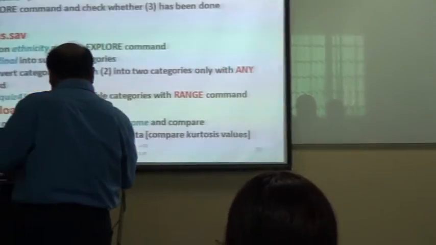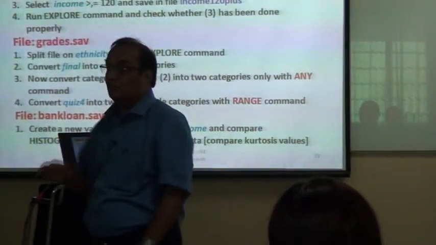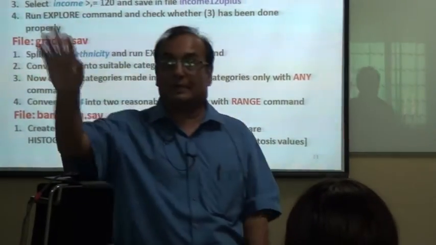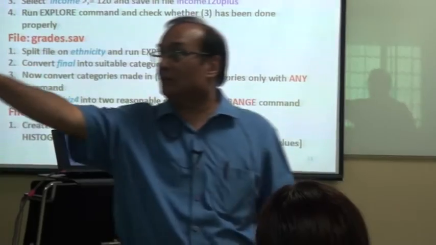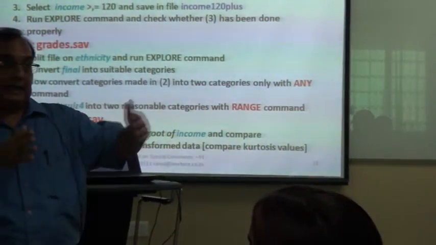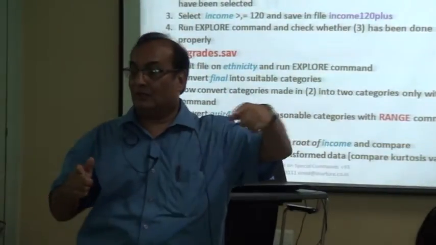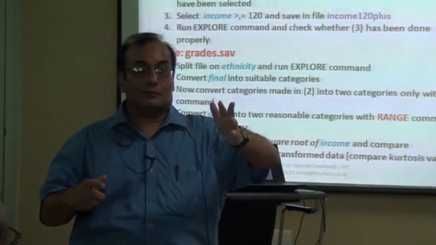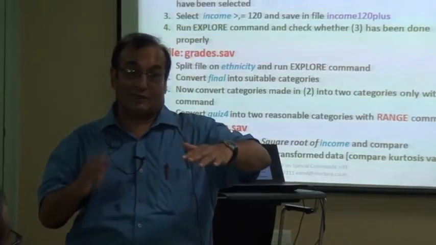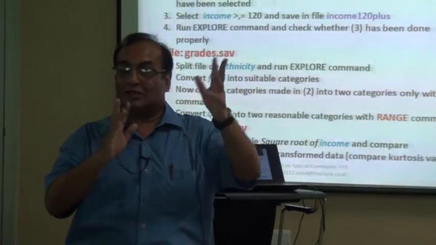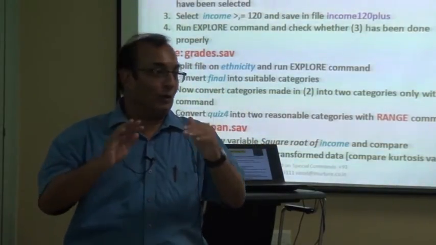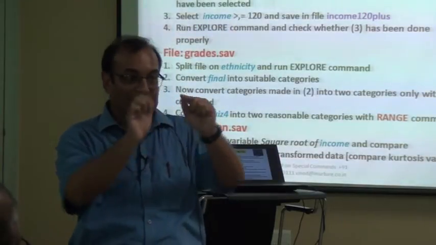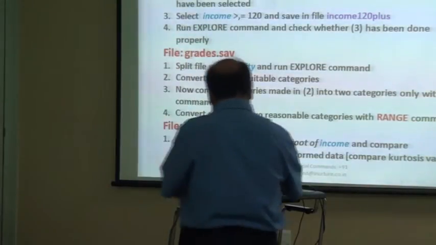Before that there was one point which was missed from the previous session, which madam you had pointed out. In the SPSS data file, in one question I had asked whether data can be moved upside, downside or diagonally. All 3 things were wrong.